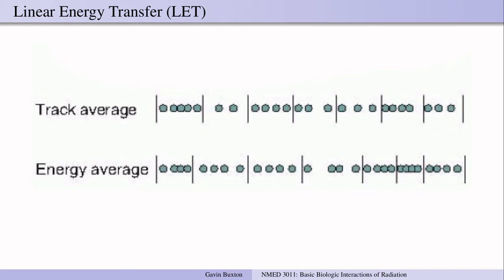While it has been argued that this has less effect on low energy X-rays or electrons, the track average and energy average can be quite different for high energy neutrons. For example, 14 megaelectron volt neutrons have a track average of 12 kiloelectron volts per micrometer, but an energy average of 125 kiloelectron volts per micrometer.